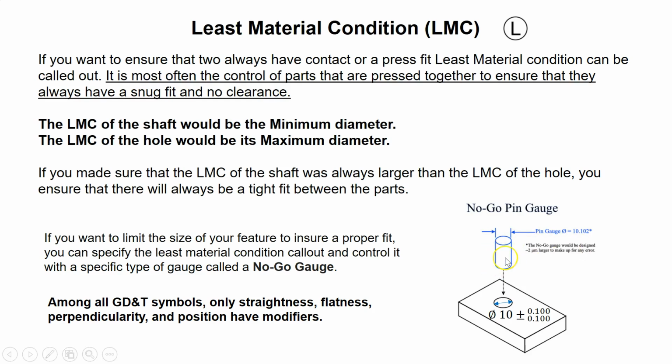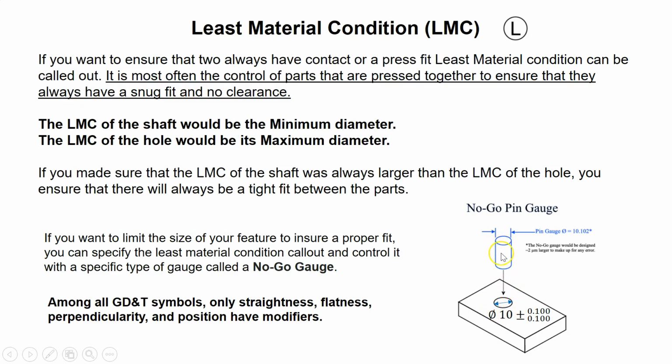How would you ensure such a thing? Well, in this case, you make sure that even if the shaft is made the smallest and the hole is made to the largest, still that hole is smaller than the shaft, or the shaft is larger than the hole. So the LMC of the shaft, in this case, is bigger than the LMC of the hole.